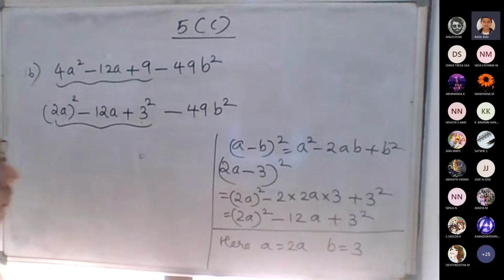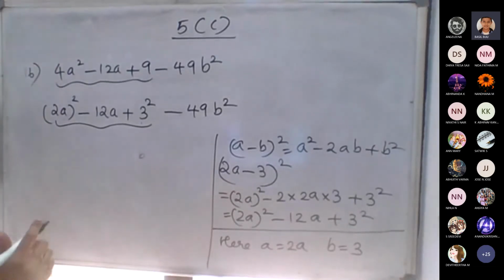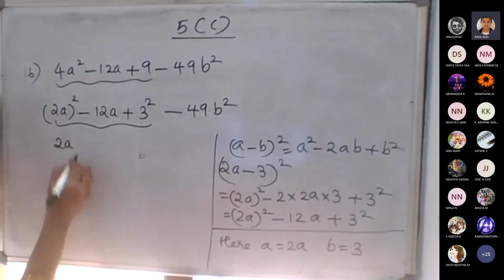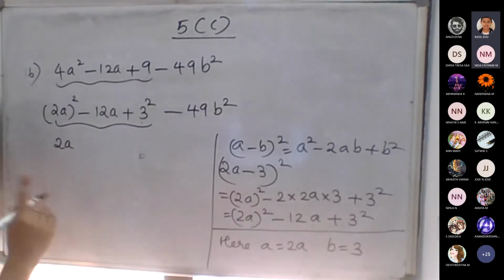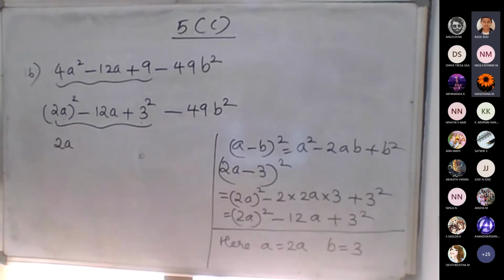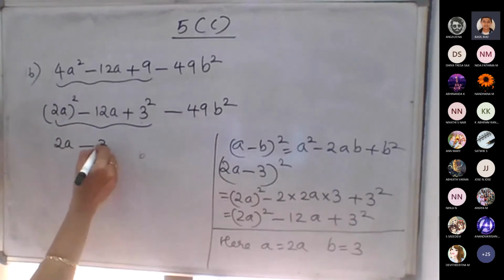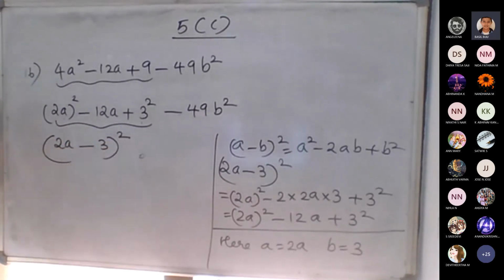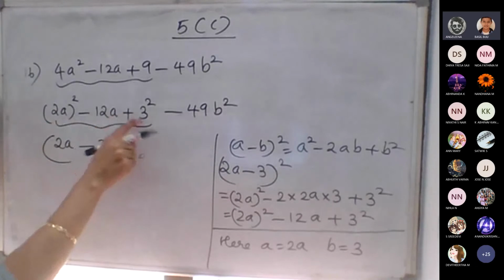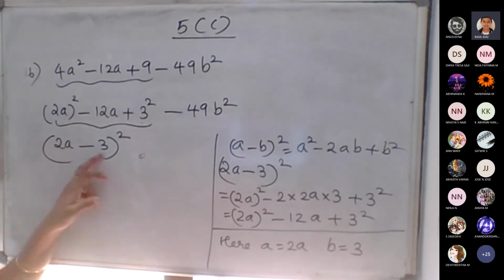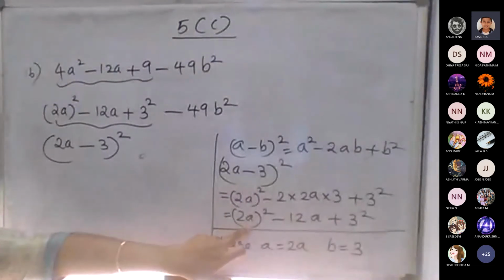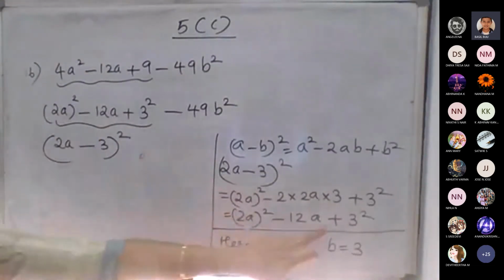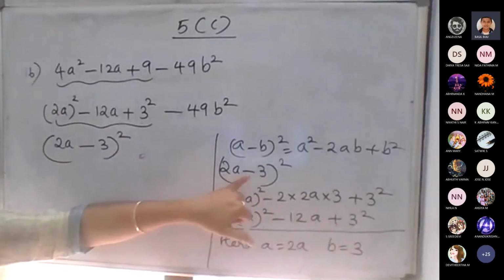So we can rearrange it as 2a minus 3 the whole square. Look at this: (2a) whole square minus 12a plus 3 square gives 2a minus 3 whole square.